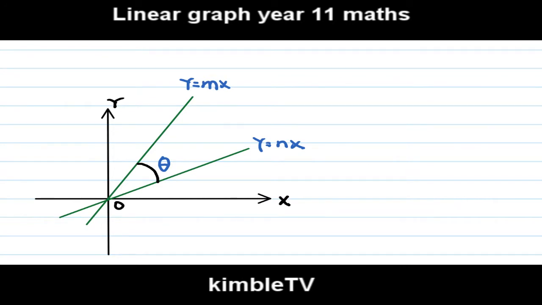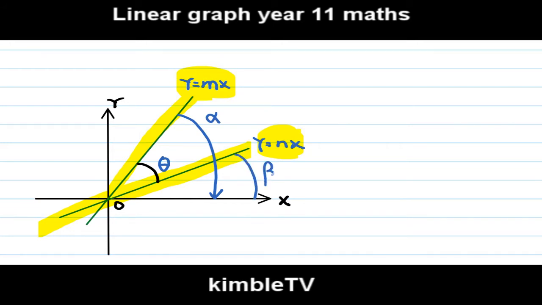The line y equals mx and the line y equals nx make an angle theta. This one is theta. Let alpha be this angle, and let beta be this angle.